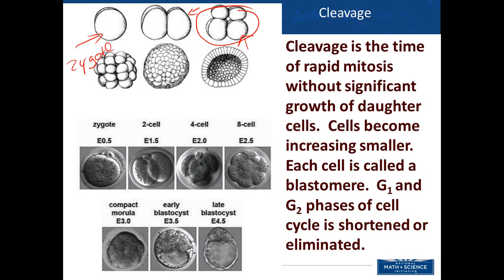Quite often at the end, we'll end up with a hollow ball of cells called a blastula. So what you're looking at down here is an actual embryo undergoing the process of cleavage.